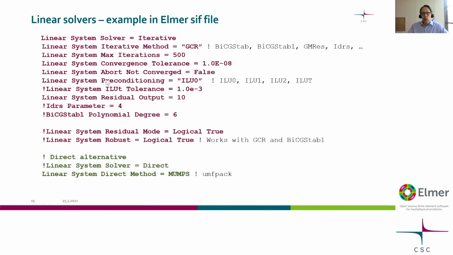And you have to choose the preconditioner. Some methods also have their own keywords. You will find these in the Elmer solver manual, but this is something you would typically see, and it's often a good idea to alter these strategies and try to find the best strategy for your given problem.